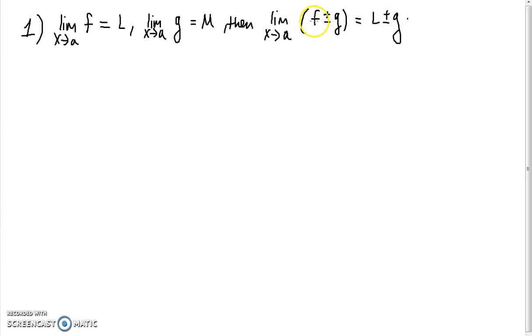So if we're taking the sum of the functions, then the limit as x approaches A of the sum of the functions is equal to the sum of the limits. And if we're taking the difference of the functions, then it's equal to the difference of the limits.